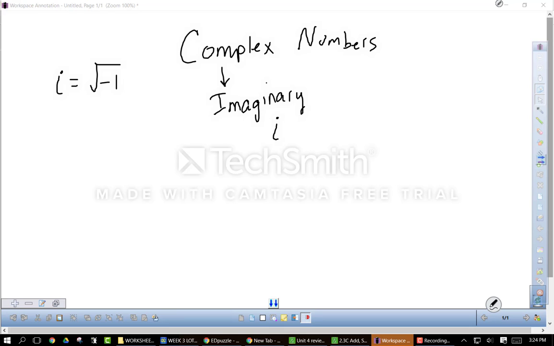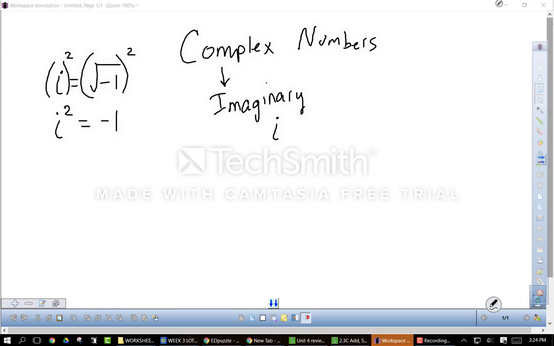So because i is the square root of -1, if I took i and squared it, if I took the square root of -1 and squared it, then I would just get -1. So anytime you have an i squared, that i squared is -1, besides what the other values are.